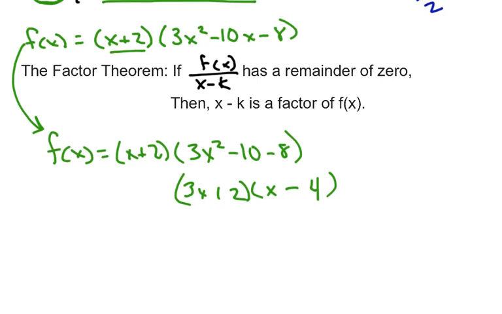Negative 12 plus 2 will give us that negative 10x that we need right there. Still have x plus 2. And so we factored f of x into x plus 2 times 3x plus 2 times x minus 4. Now we can see all the factors of f of x. So the factor theorem helps us to factor more complicated polynomials once we find one of them.